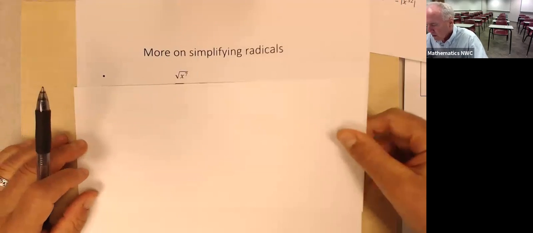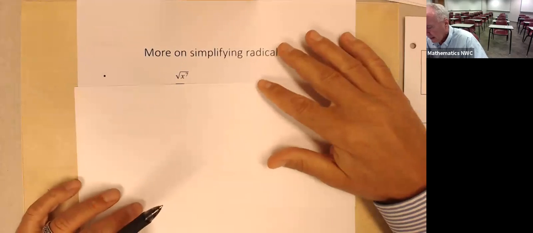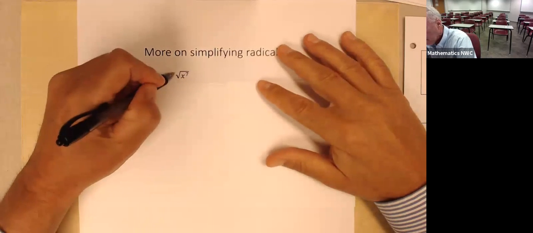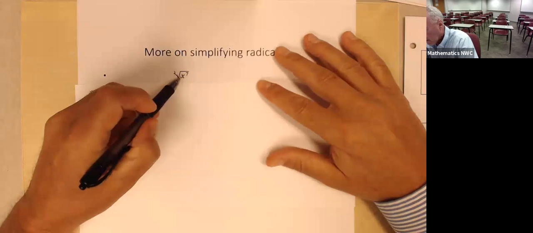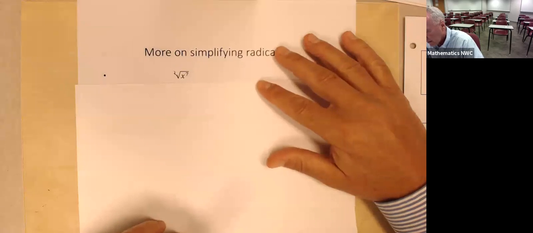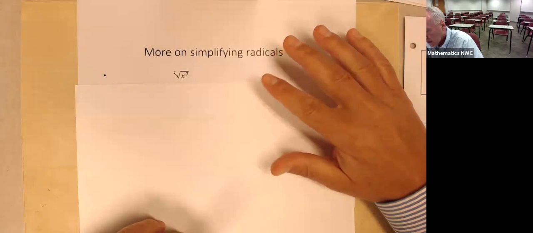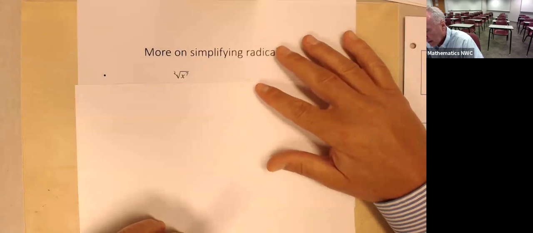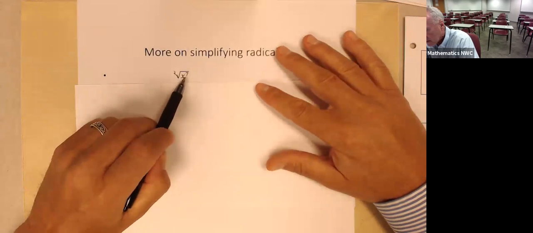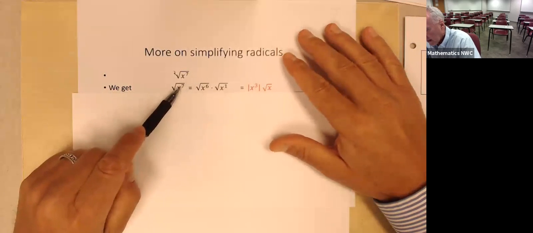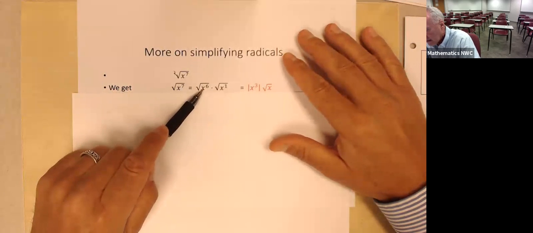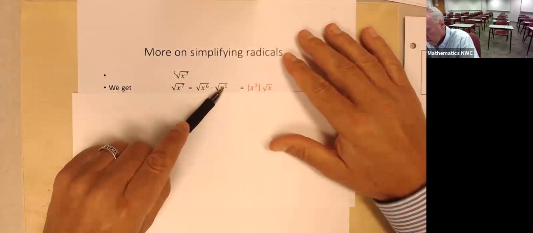Well, if I want to reduce a radical down, and this one happens to be an even radical, square root, I need to pull out a perfect square. A little tougher now. I'm not looking at numbers like 4 and 9, but I'm looking at numbers that if added to themselves would give me 7. For example, I can break x to the 7th down to x to the 6th times x to the 1st.